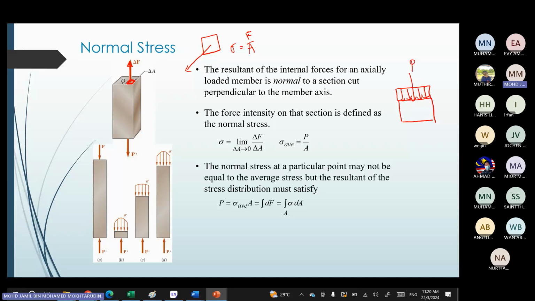It may be distributed in a curve shape, maybe a triangle shape, for example. So the stress that you are finding in this lecture is basically the average stress. You do not determine the stress at one particular point; you determine the average stress on that surface. Because the formula basically involves integration dy dx and so on, but for the sake of understanding throughout the course, the stress you are finding we call average stress.